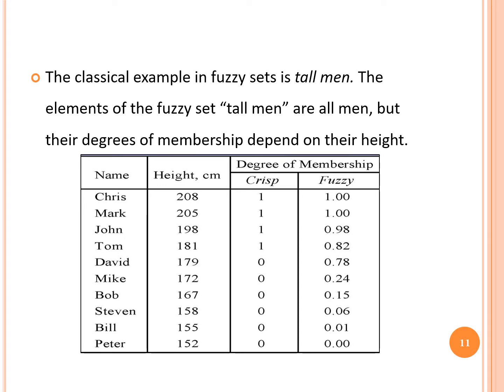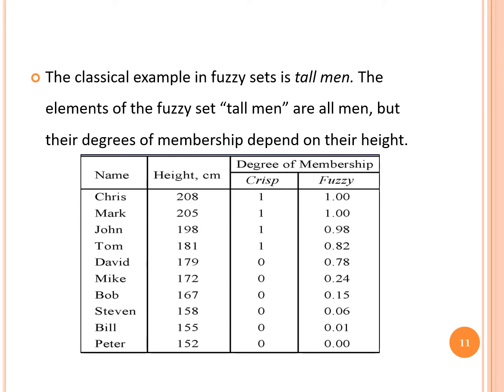For Tom, who is 181, it is actually 0.82 to be considered a tall man.